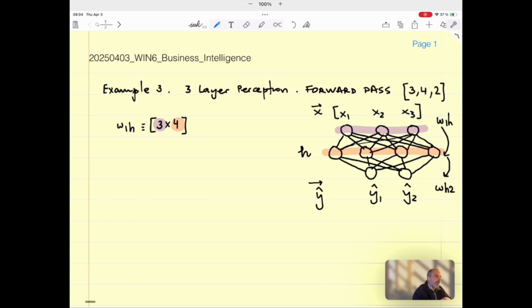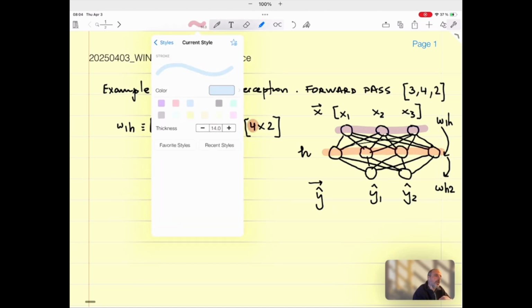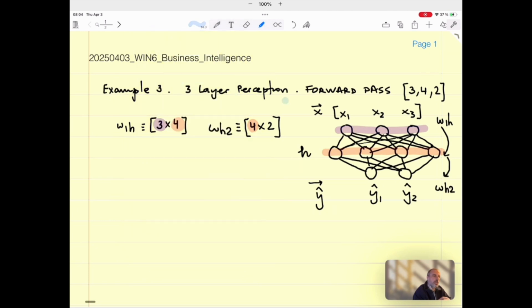And the dimensions of the matrix H to 2 is going to have 4 by 2, because here we have 4 elements again, and in the other one we have 2 elements.